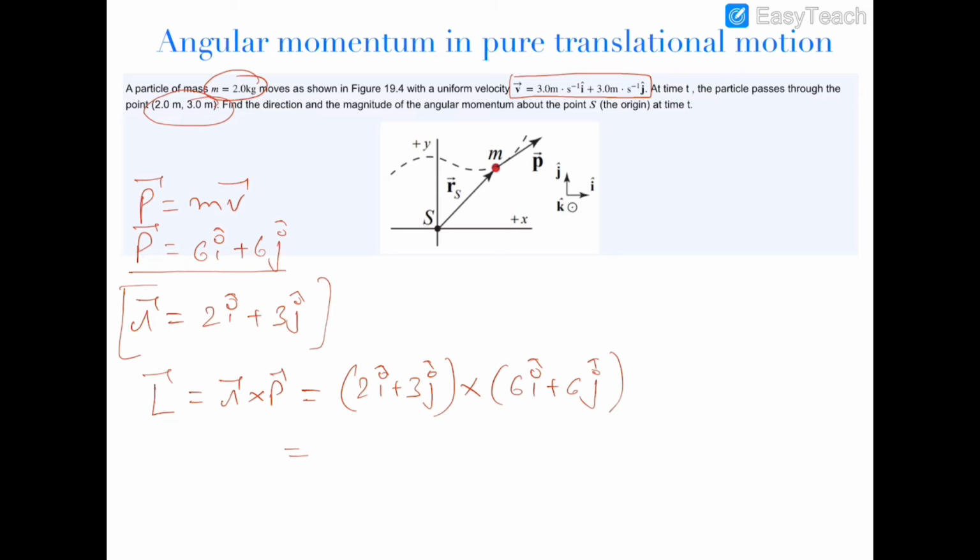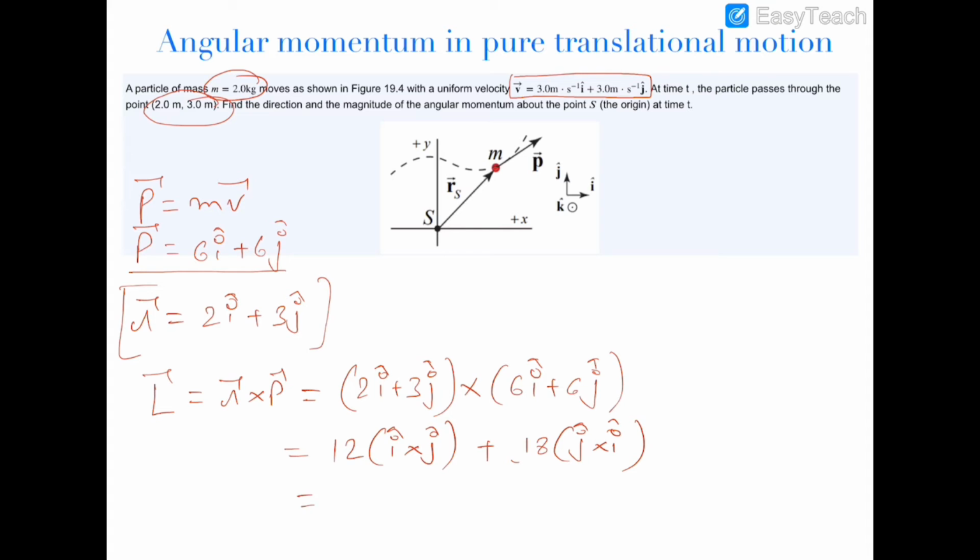So you can see that 2 into 6 is 12 and i cross i is 0. Now 2 into 6 is 12 and i cross j is k, plus 3 into 6 is 18 and j cross i, and j cross j is 0.